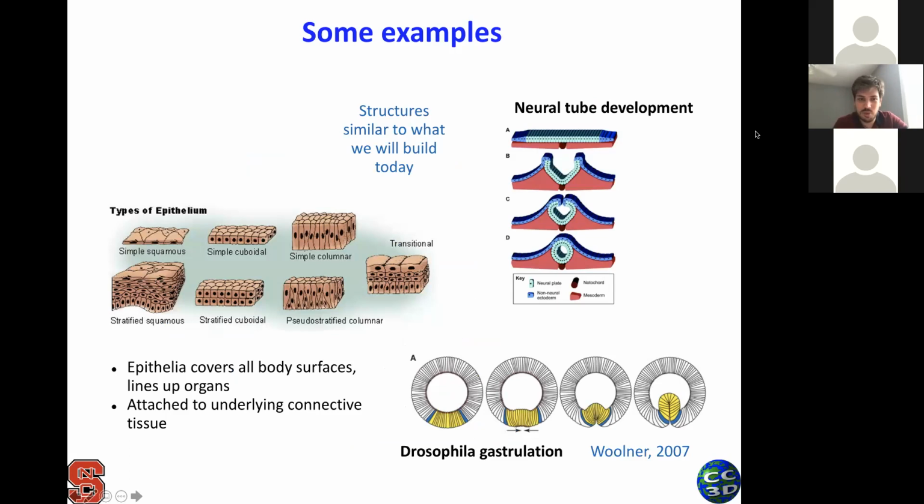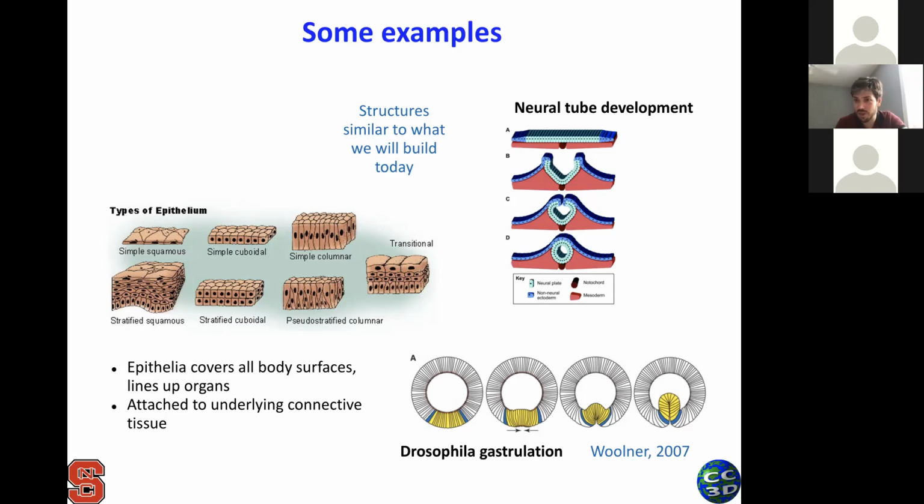These are some examples of epithelial tissues undergoing morphogenesis. These are structures whose cells are compartmentalized, have an apical and basal side, and sometimes those tissues can undergo changes like this folding process that you see, for example, in neural tube development.